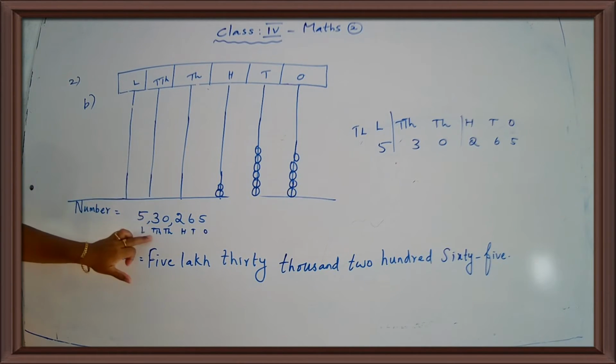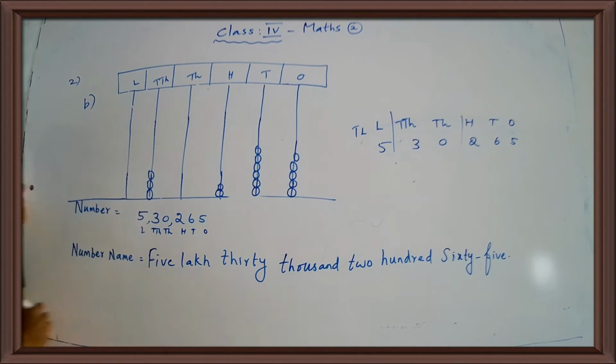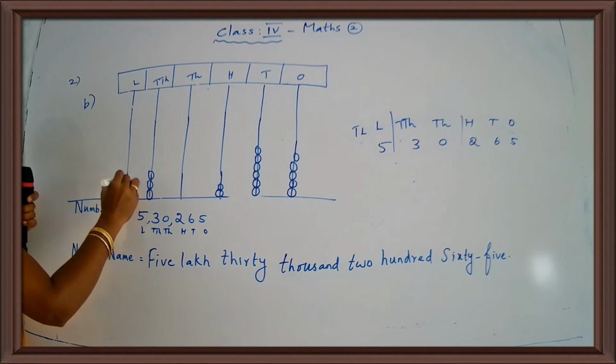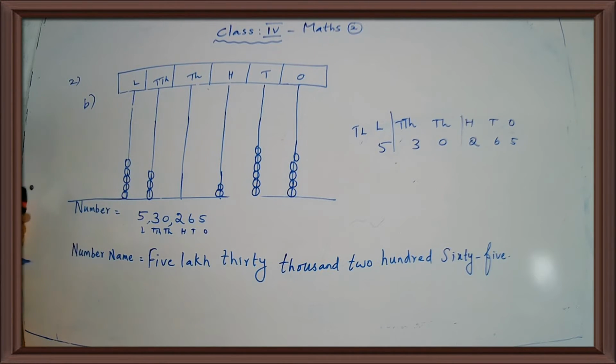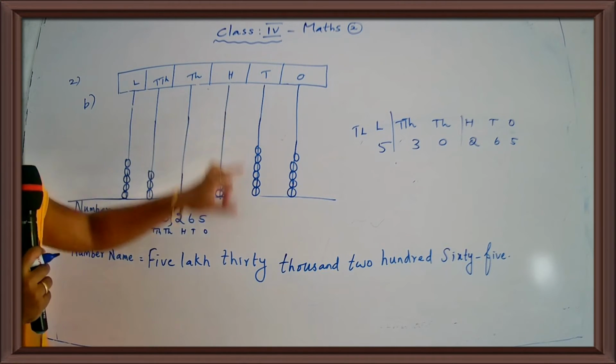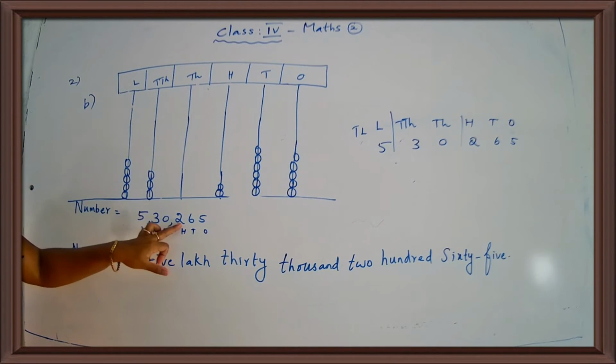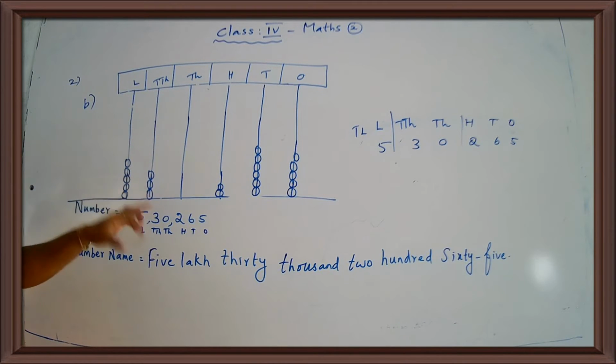Okay, children. Next, 10,000s place. How many? 3. So you draw the 3 beads. 1, 2, 3. The next, lakh position. How many beads? 5 beads. So 1, 2, 3, 4, 5. So in ones place 5 beads, tens place 6 beads, hundreds place 2 beads, thousands place is 0, so no beads.